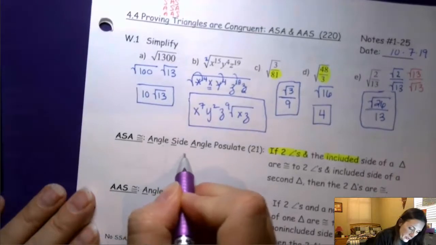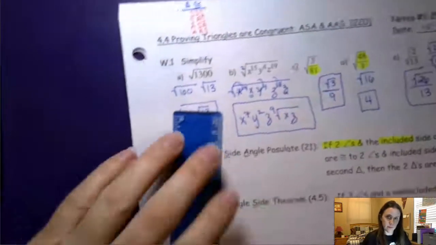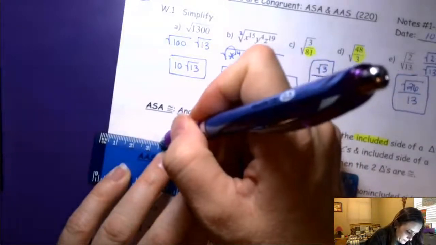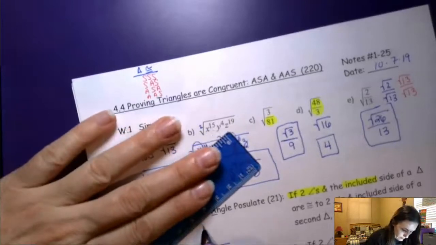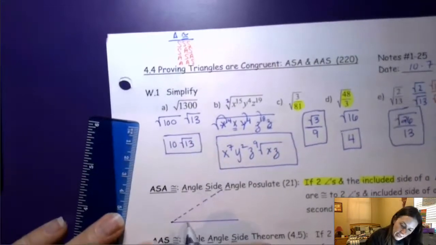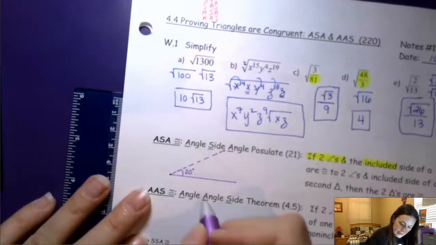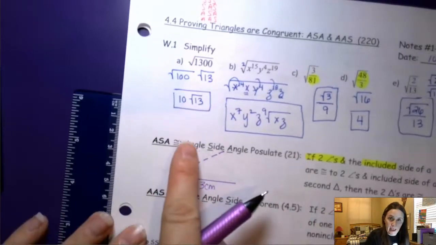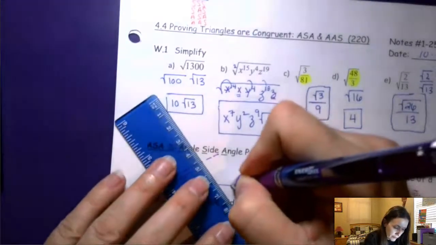So the reason that is true is because let's say we have, let me get a straight edge so it's not messy. I'm going to have this side down. So if I have an angle right here that let's say was 20 degrees, and I knew this side, let's say 3 centimeters, and then this angle over here, so it's the angle, the side between the two angles, and the other angle.